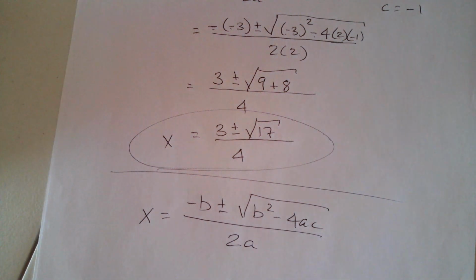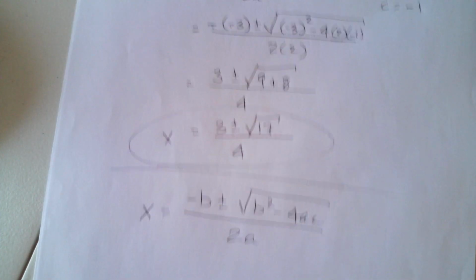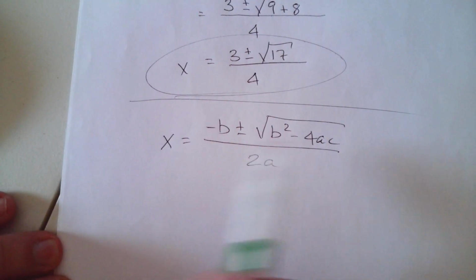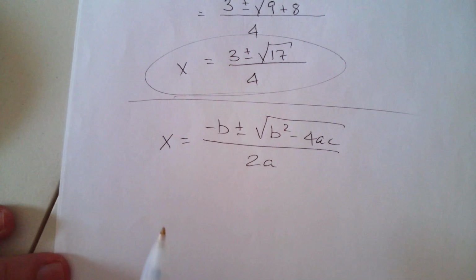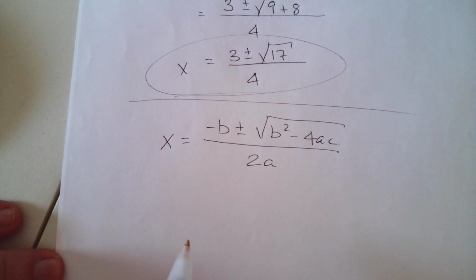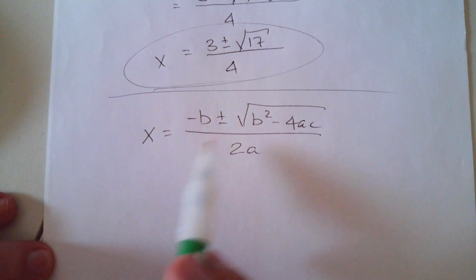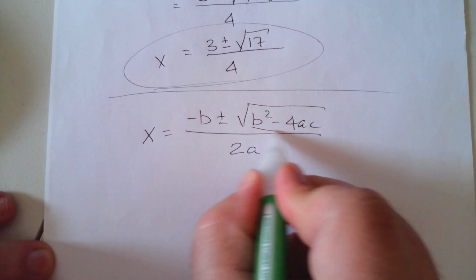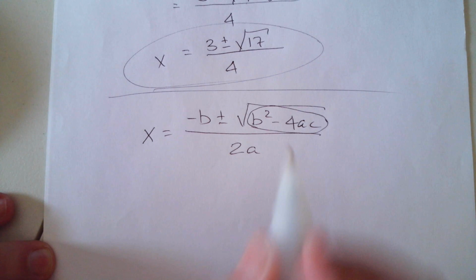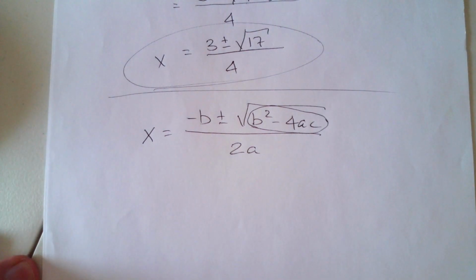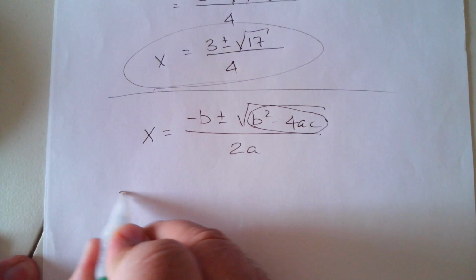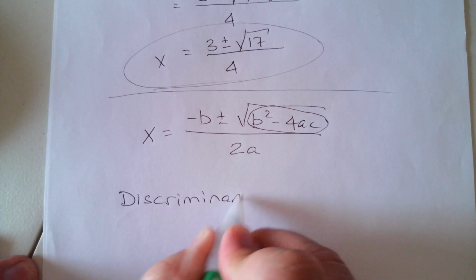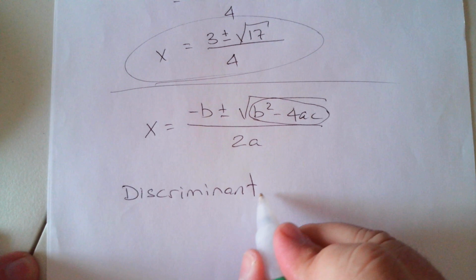All right. Now, the beautiful thing about this equation is that it tells us a lot. Once you plug in all the numbers inside here, for example, this expression right here is called the discriminant.